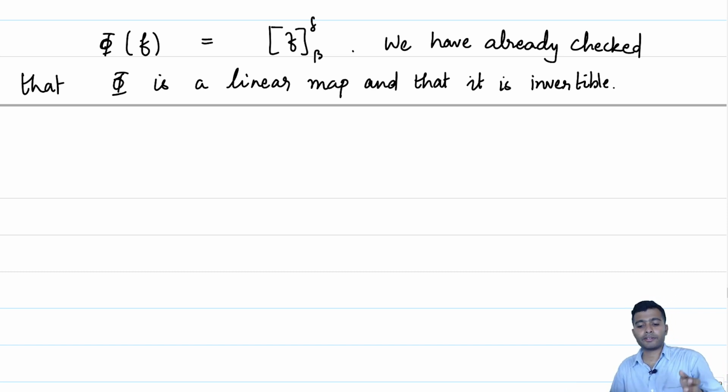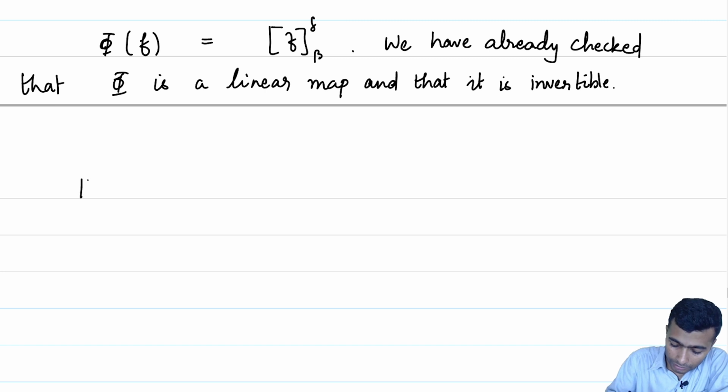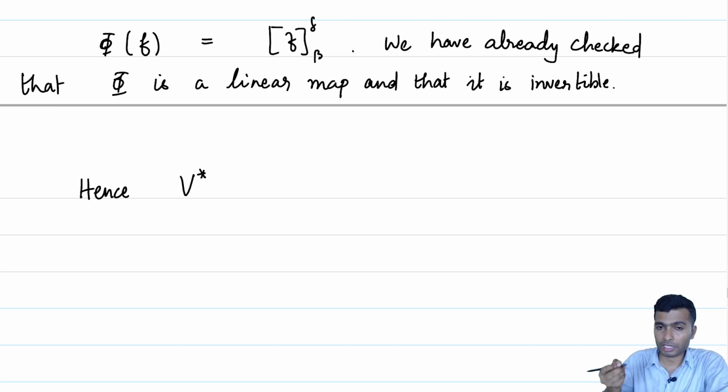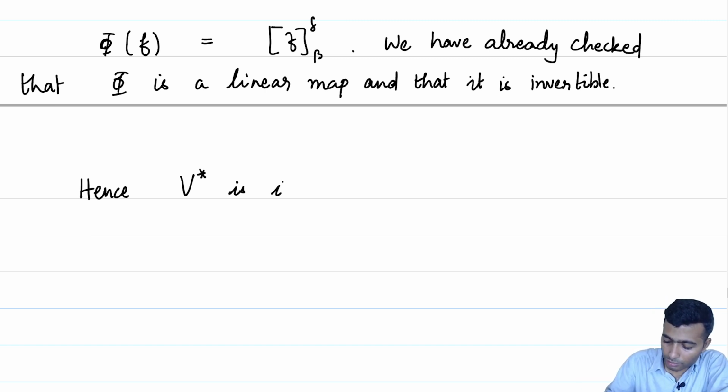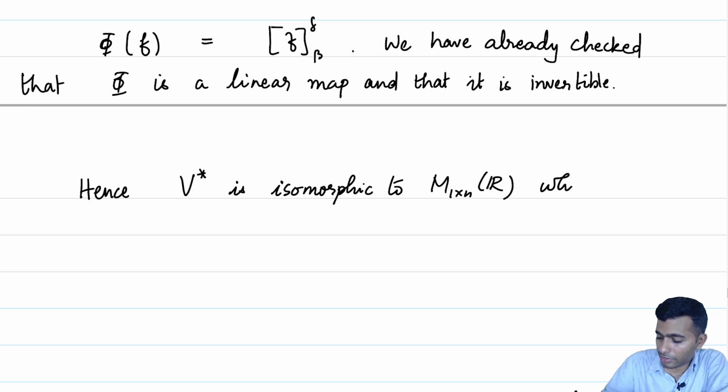Because this tells us that V star can be identified with matrices of size 1 cross n, which is of dimension n. So, hence V star is isomorphic to M 1 cross n of R, which has dimension n.